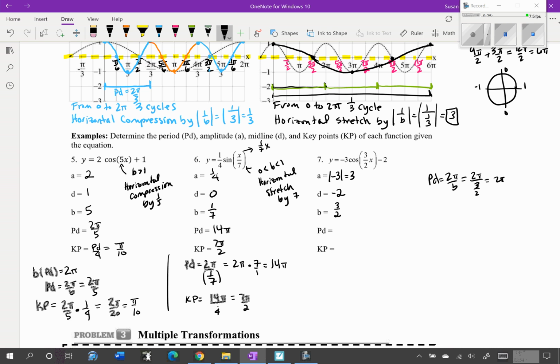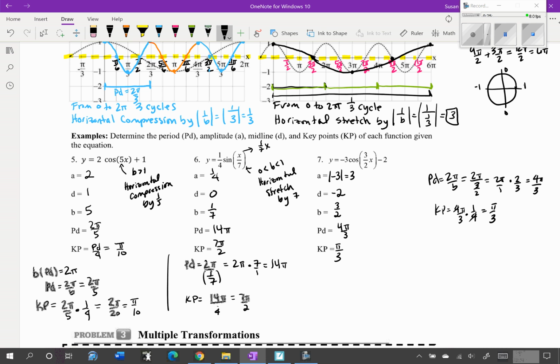Keep the numerator, change to multiplication, and then flip. Then 2 times 2 gives us 4 pi in the numerator over 3, so 4 pi over 3. And then the key points in this case would be the period divided into 4 equal parts. So 4 pi over 3 times 1/4 gives us pi over 3.